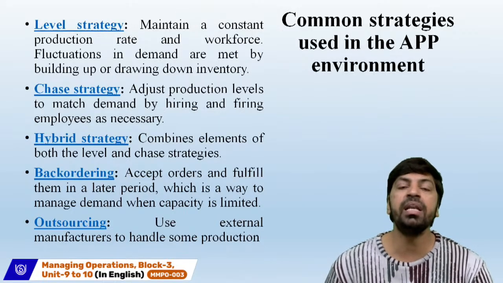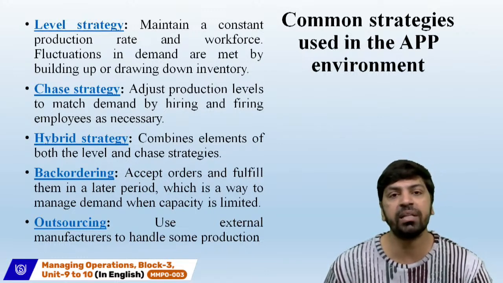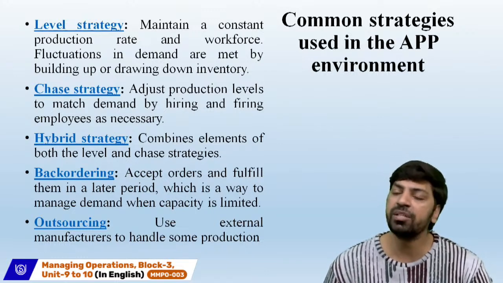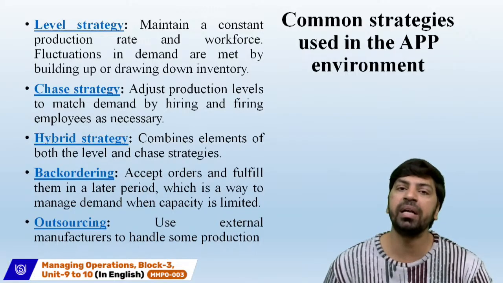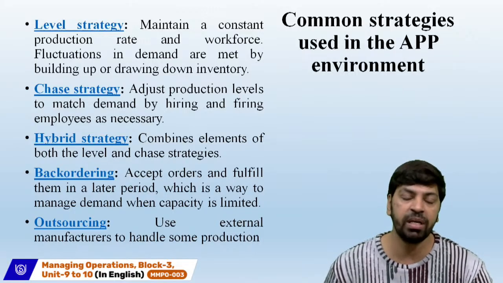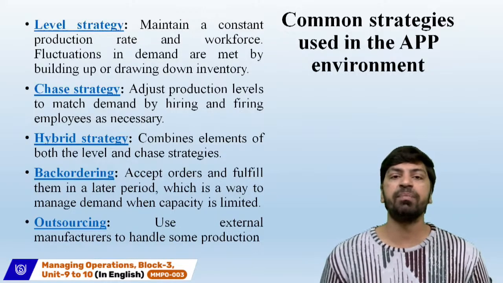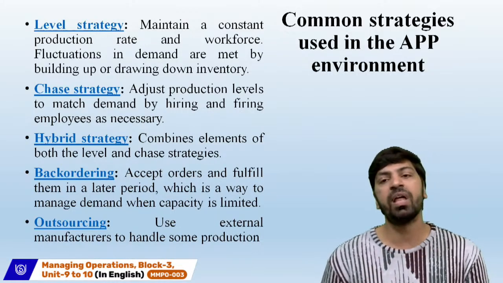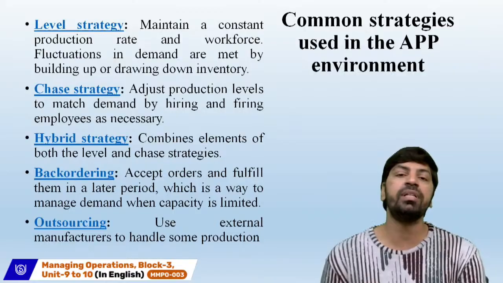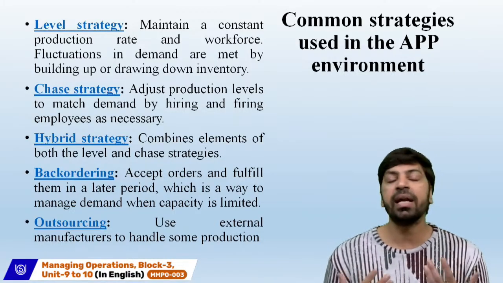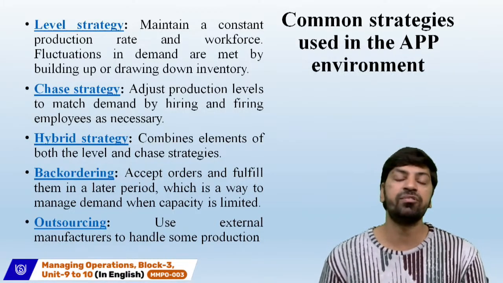The first one is the level strategy. It aims to maintain a constant production rate and workforce, and fluctuations in demand are met by building up or drawing down the inventory. So the demand would fluctuate according to the increase and decrease in the production, and that is ultimately called the level strategy.